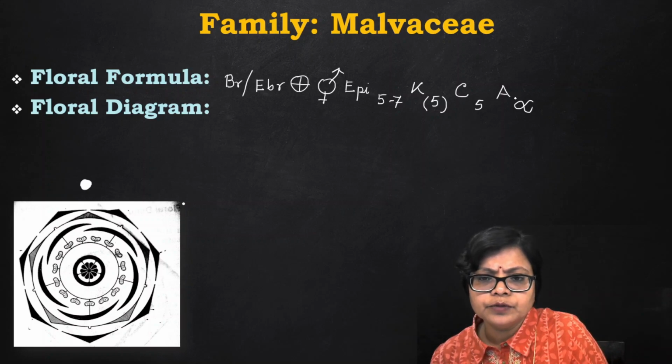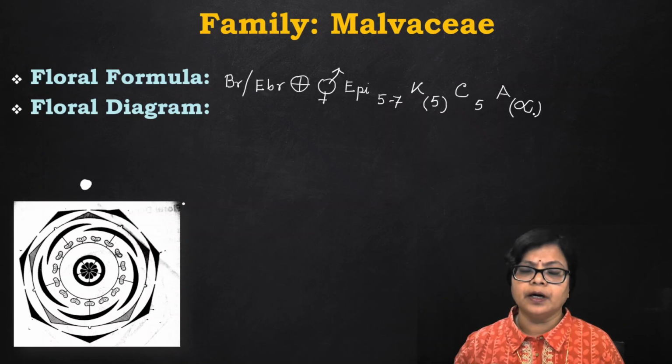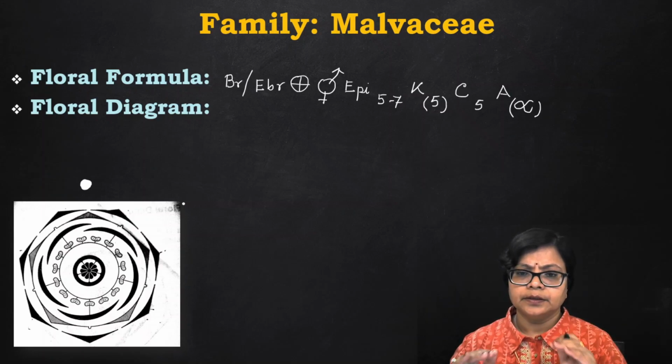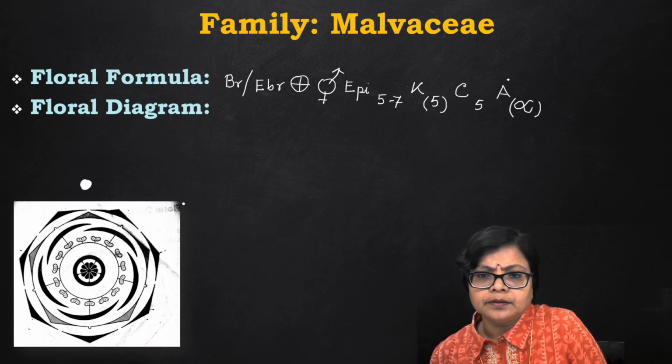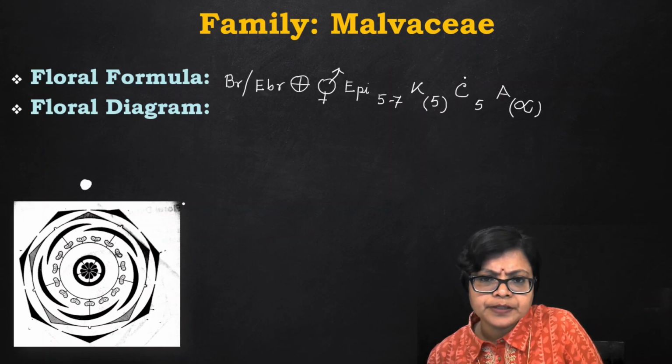So here we have to put a bracket, and also we have learned that the stamens are epipetalous, that means the base of the staminal tube is attached to the base of the petals, corolla. So we have to draw this line.